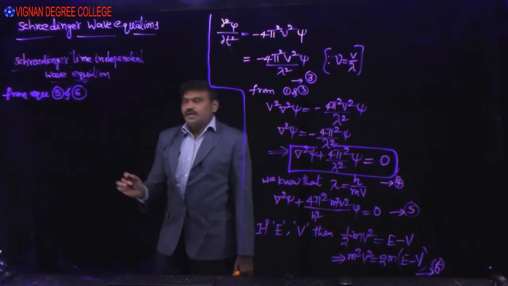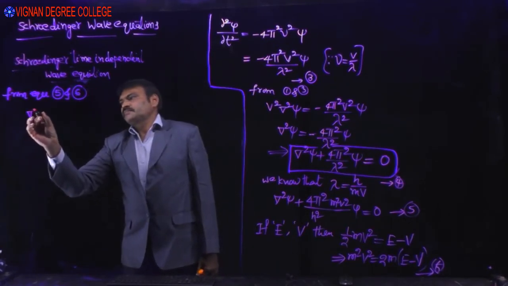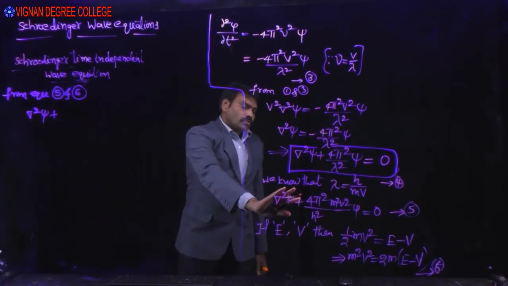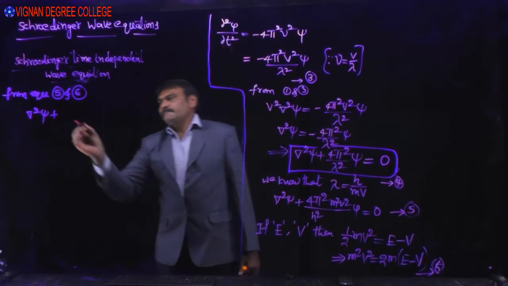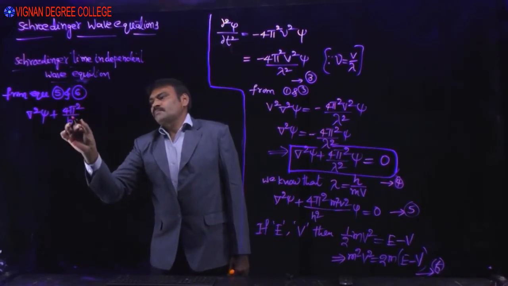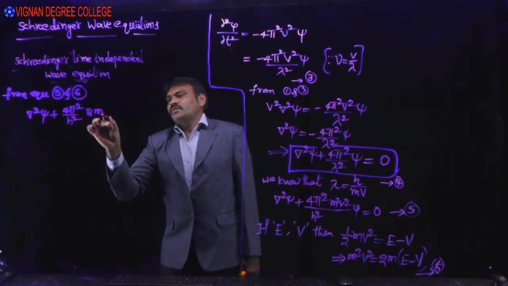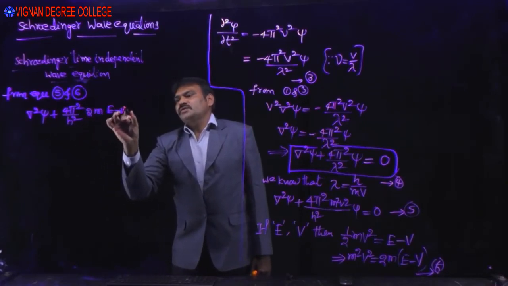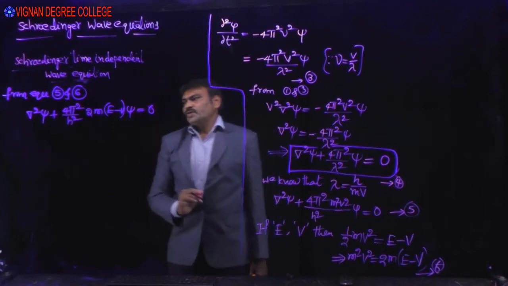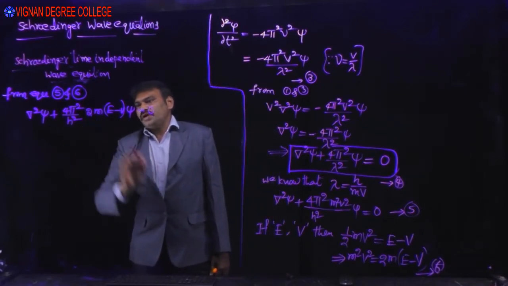So del square psi plus 4 pi square by h square into 2m of E minus V into psi is equal to 0. Here 4 into 2 is 8.